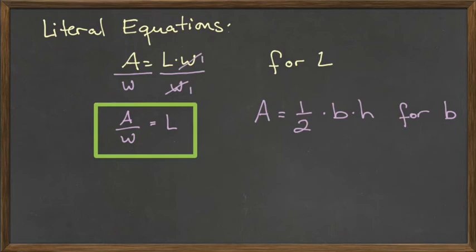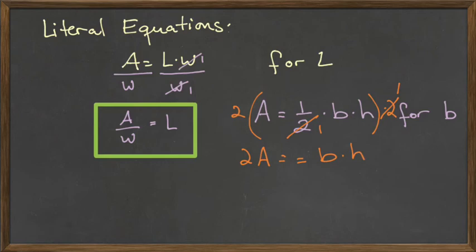I would first of all multiply everything by 2, because we do have a fraction here and we want to clear both sides by 2. That leaves you on the left-hand side with a 2a, but on the right-hand side, the 2 reduces with this 2, and all you have left is b times h.